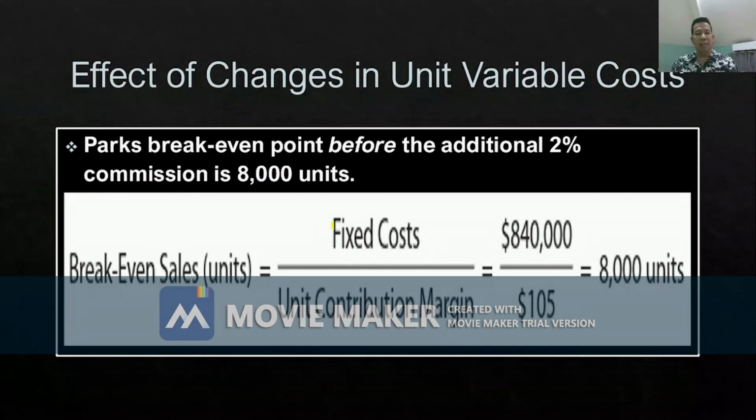So break-even sales, fixed cost over the contribution margin, we have 840,000 divided by 105. So dito sa 8,000 units, dito yung may malaking possibility na magkaroon tayo ng break-even sales in units.